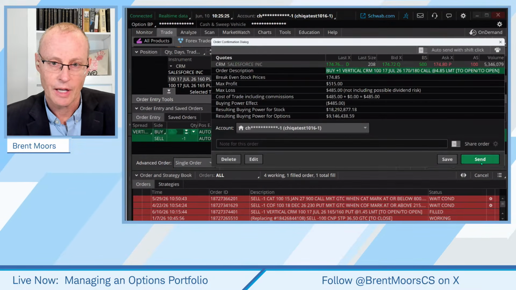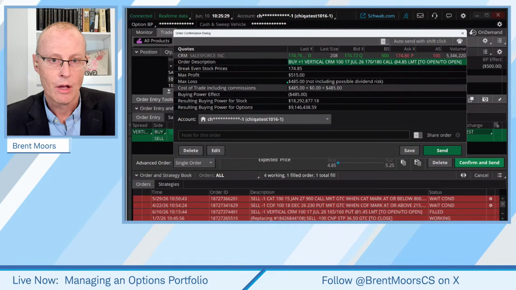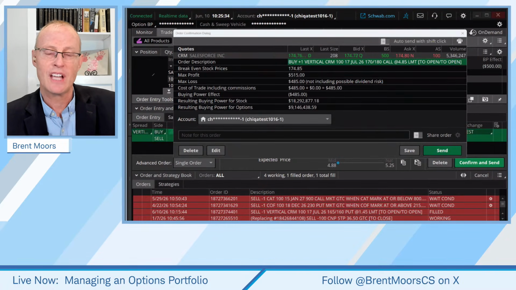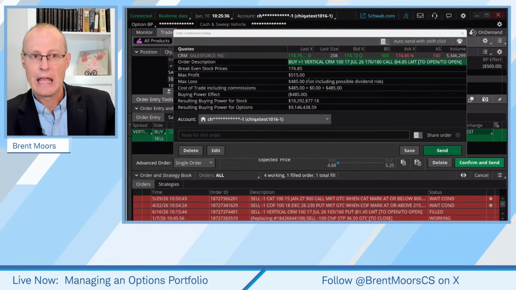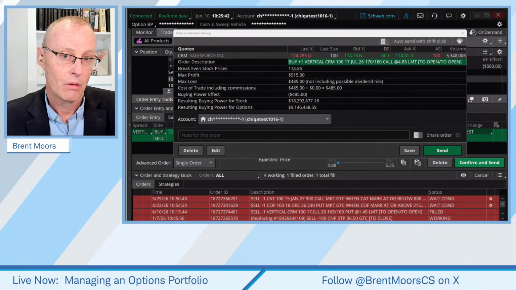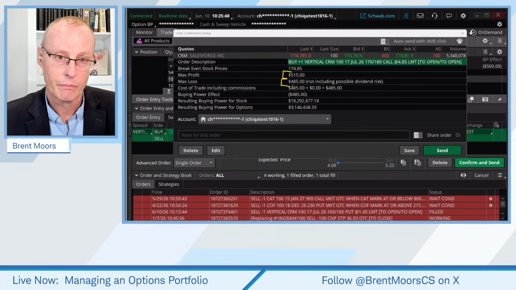Now, what I want you to look at is this. Click on confirm and send and look at my max profit and my max loss. Remember, when we were emphasizing that high probability trade, the max profit was significantly less than the max loss. Right now, they're roughly equal. Max profit's slightly higher.